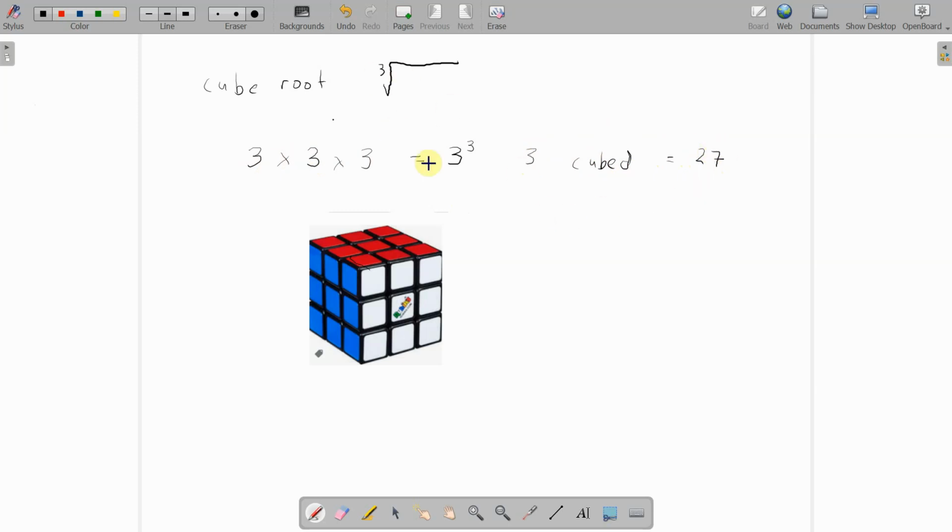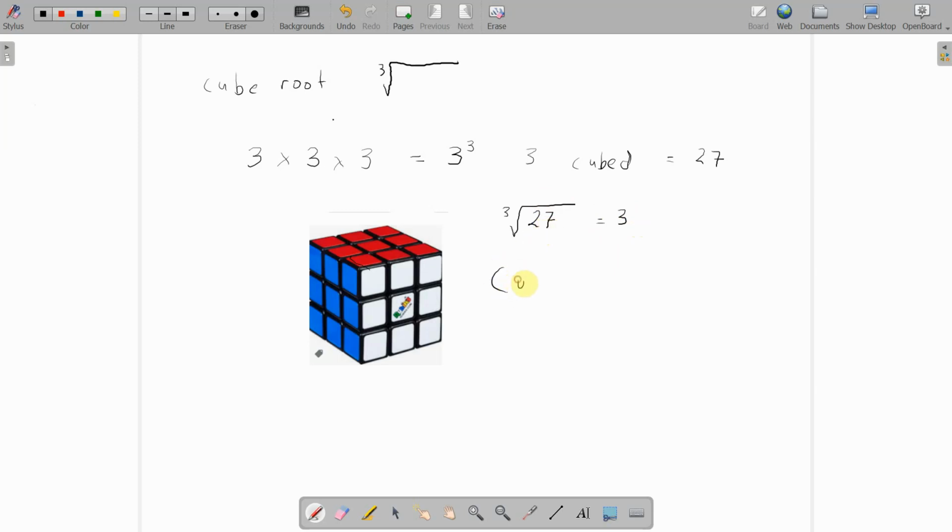So we can write the answer to this. The cube root of 27 equals 3, because 3 times 3 times 3 equals 27.